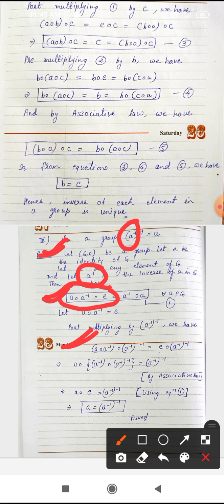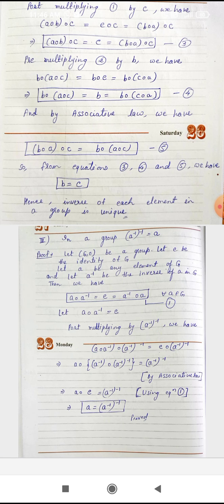Now using associative law in this part, we will get a operation in bracket a inverse operation a inverse whole inverse is equal to a inverse whole inverse, as e is the identity element. So e operation a inverse whole inverse becomes a inverse whole inverse.